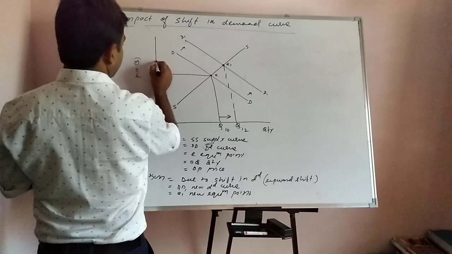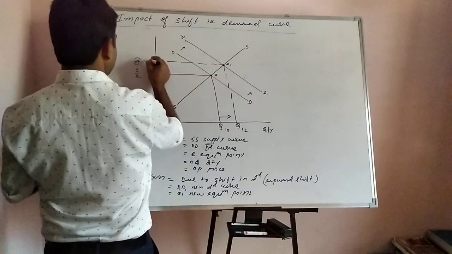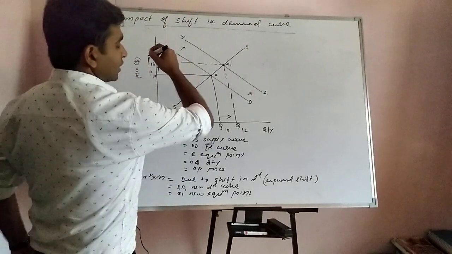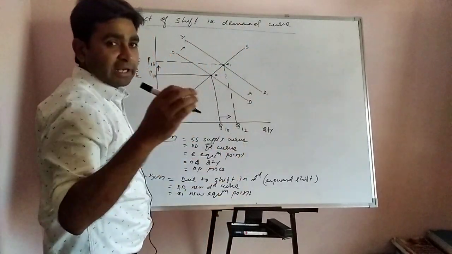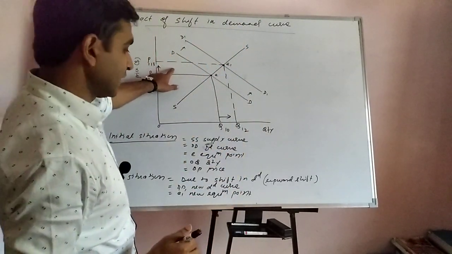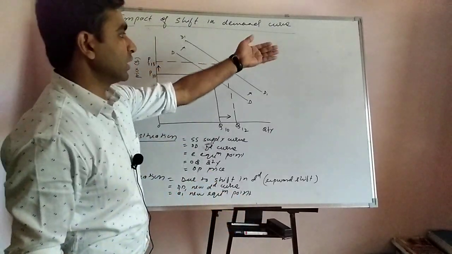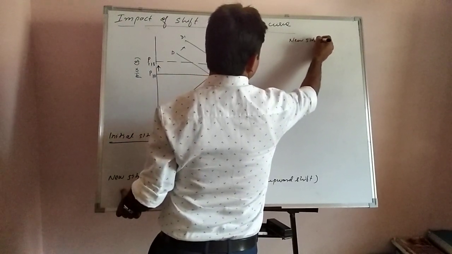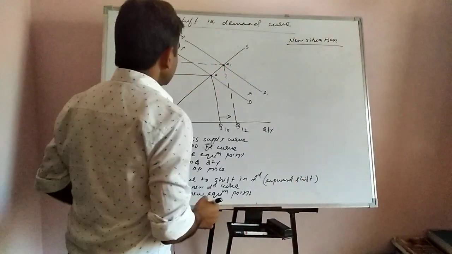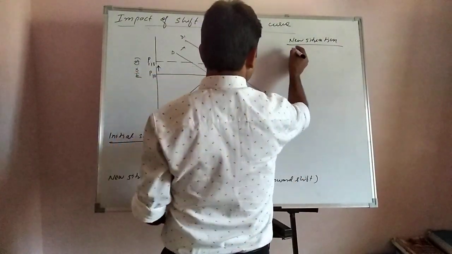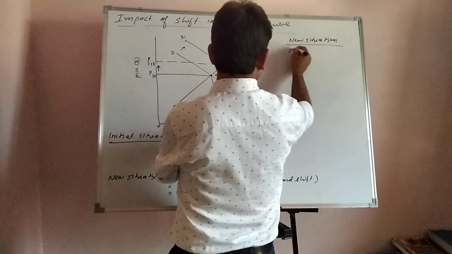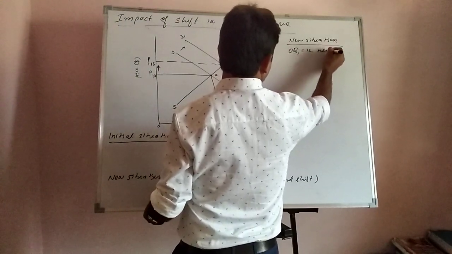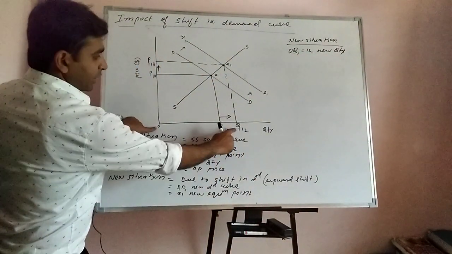And what is the impact on price? P1, say 13. So if the demand curve shifts to the right, the immediate impact will be on the price. The price will increase. We'll write that under the new situation. So 0Q1 is 12, the new quantity.